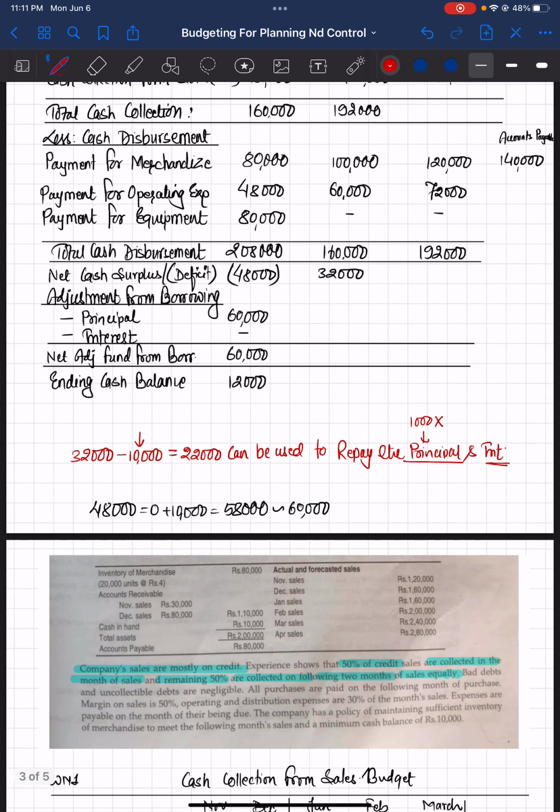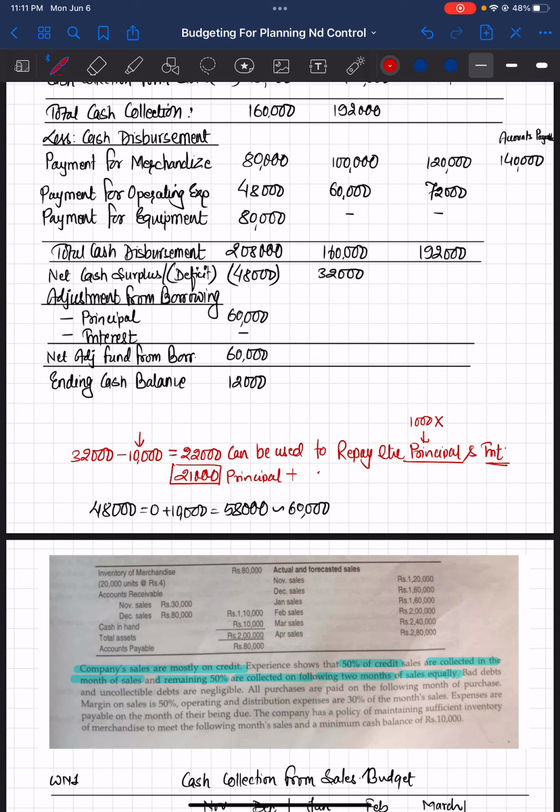So the least you can do is to pay 21,000 as a principal, and you need to make sure that the remaining amount of 1,000 is sufficient to make the interest expenses for the amount of this loan repaid.